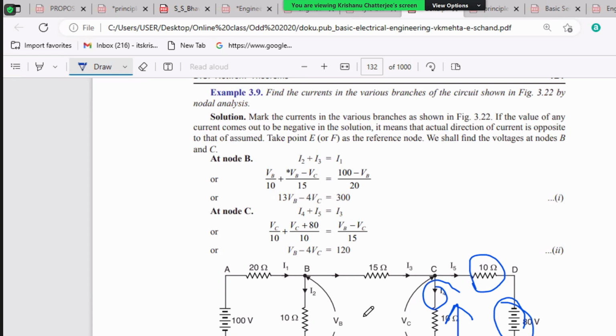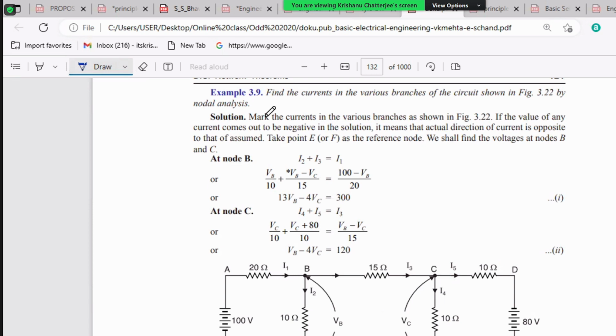I was teaching A5 so these are written here, okay. Now let us find the currents in the various branches of the circuit and solve this problem right now. Find the currents in the various branches of the circuit as shown in figure 3.22 by nodal analysis.